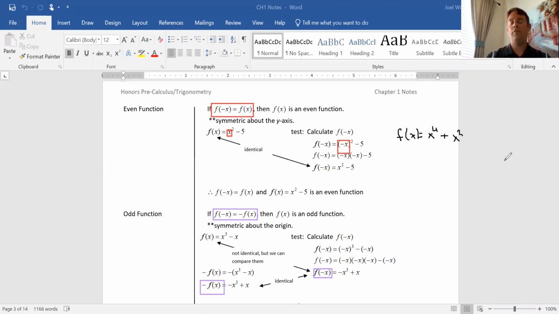Would that be an even function, odd function, or neither even or odd? So even, odd, or neither. Here, the first thing we want to do is take our function, and in place of x, we're going to plug in negative x. So for every x, we're going to plug in negative x. So every x will become a negative x.